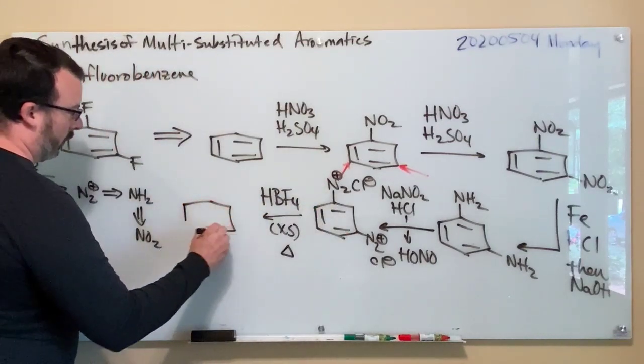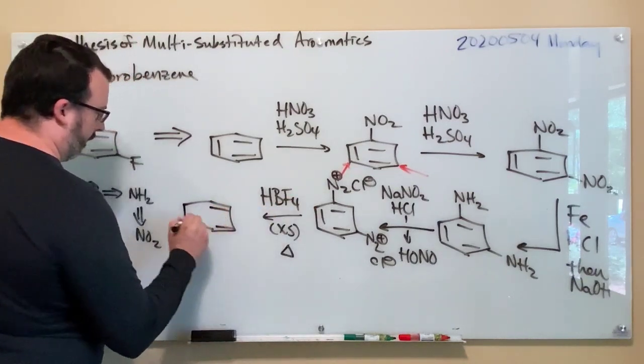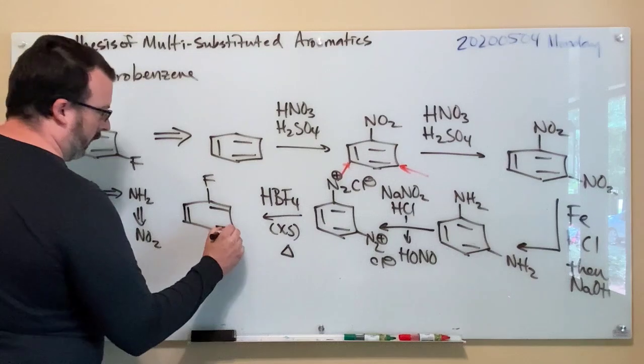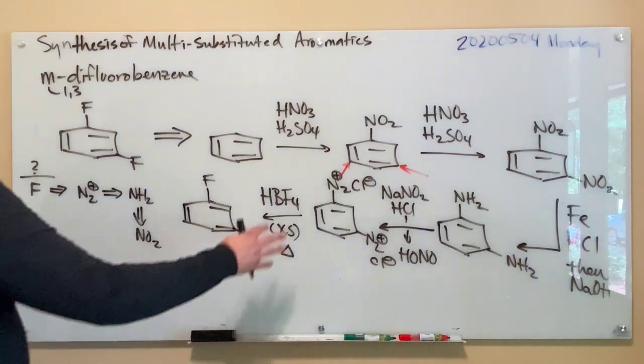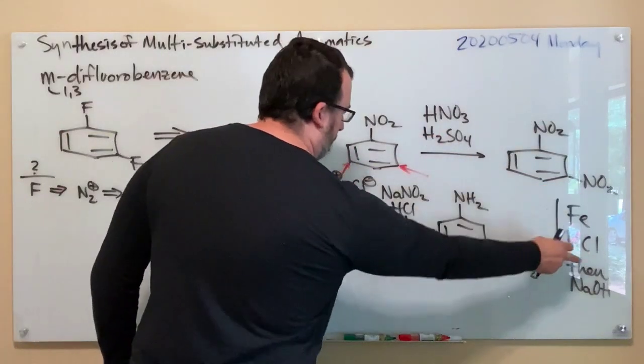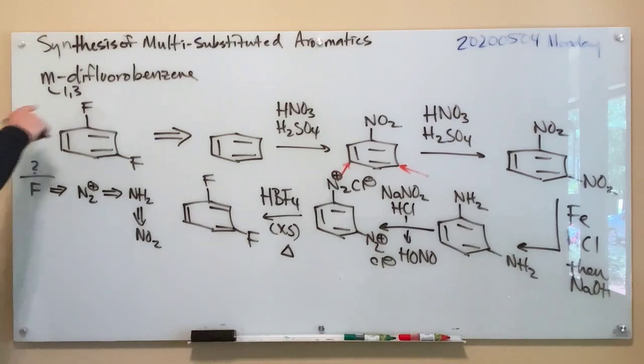And that's going to essentially substitute fluorine for the diazonium. So we have essentially a 1, 2, 3, 4, 5 step synthesis to make 1,3-difluorobenzene.